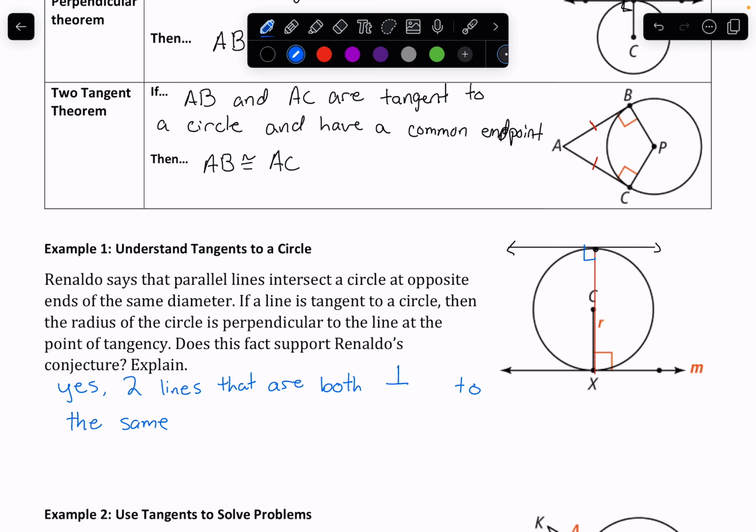Are both perpendicular to the same line will be parallel, got our parallel symbol, to each other. So yeah, those tangents can be shown if they're on both sides of a circle to be parallel lines.